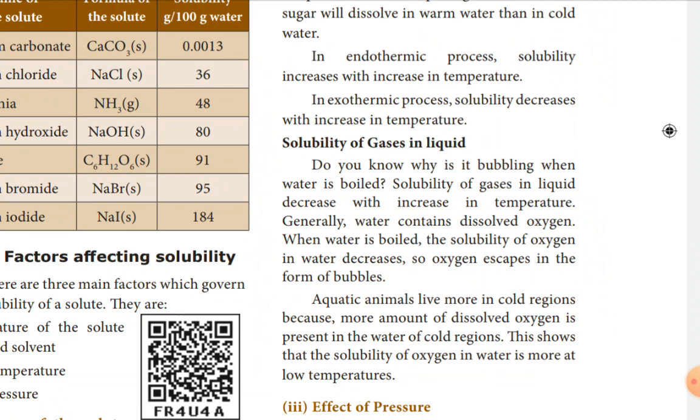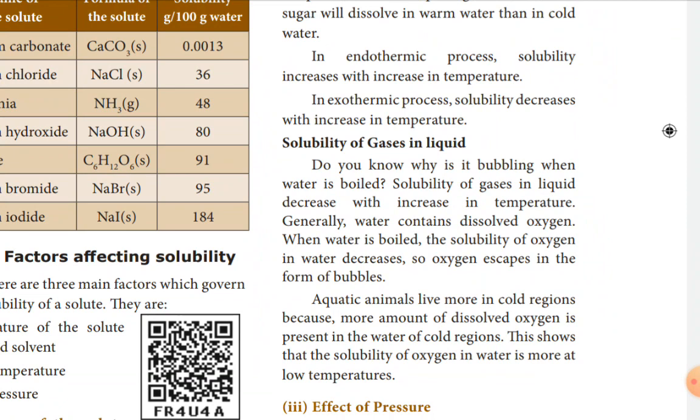In the Arctic region, the temperature is very low, so more oxygen is dissolved in water, making it very feasible for aquatic animals to live. That's why aquatic animals live more in cold regions compared to other places, because of more dissolved oxygen.